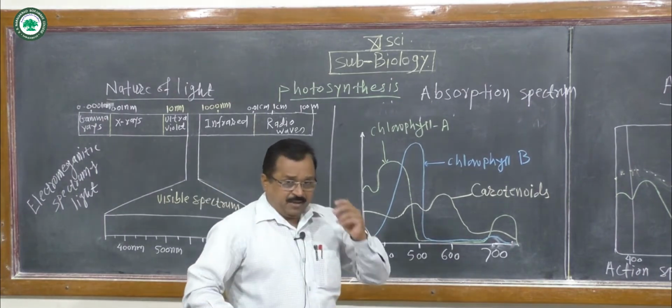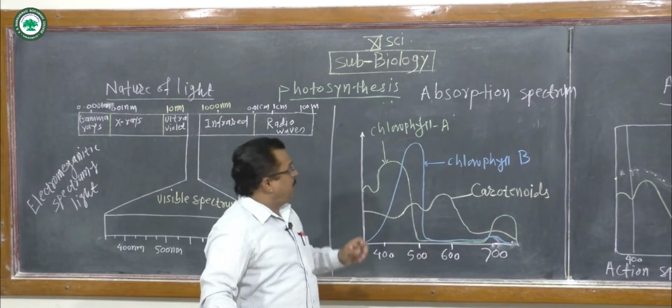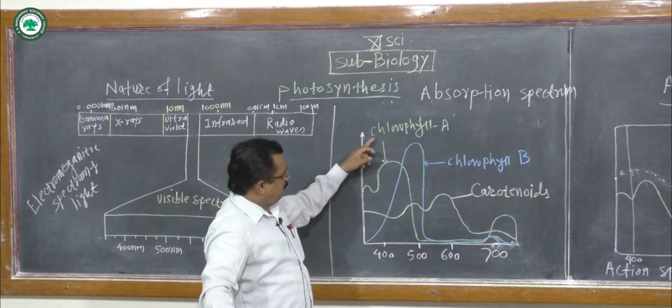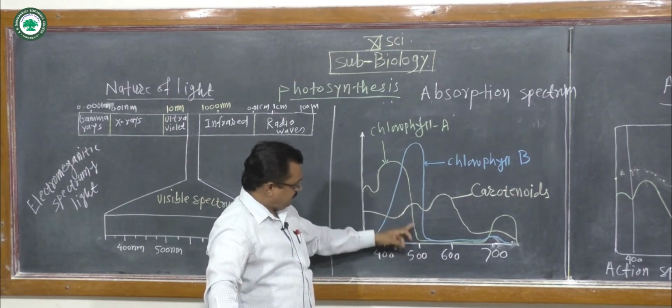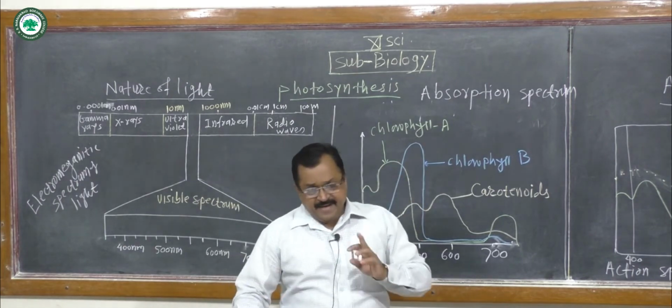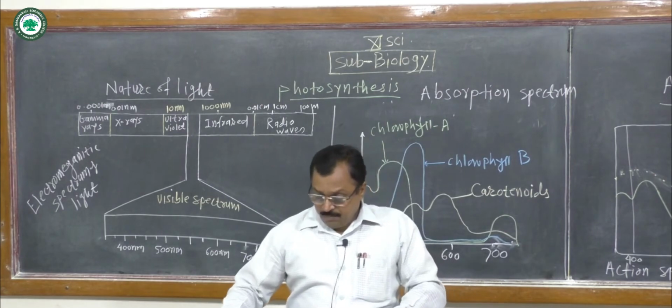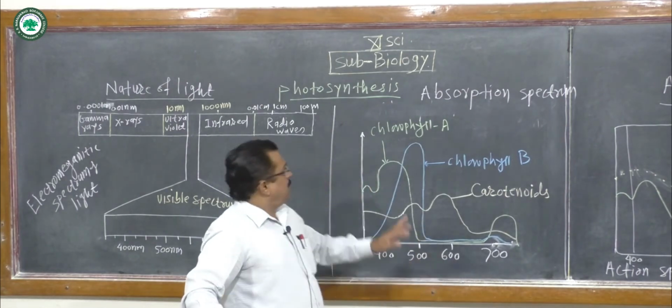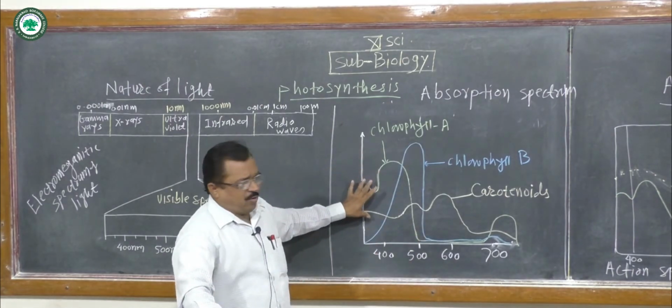and the absorption spectrum shows the different curves. Here chlorophyll A like this, chlorophyll B; in between red and blue, more light is absorbed.